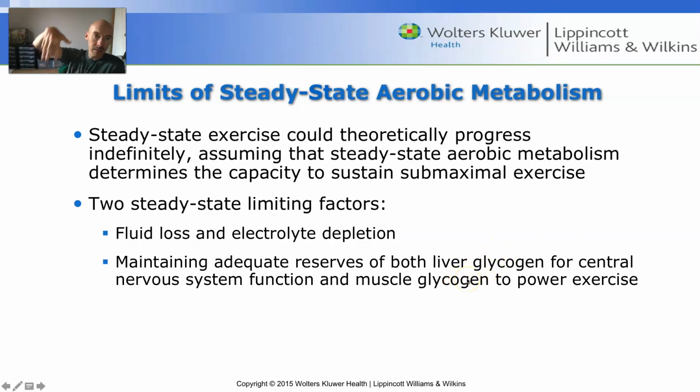But for most of us doing basic exercise activities, neither one of these is going to be a factor. What's going to be the limiting factor for steady state exercise is our motivation, and then musculoskeletal limitations, like our muscles get tired, our joints start to hurt, and we just don't want to exercise anymore, right? Because theoretically, we have the fuel, we have the fluid. If we have those two things, we could exercise indefinitely, but of course, we don't usually do that because of the factors I just mentioned.